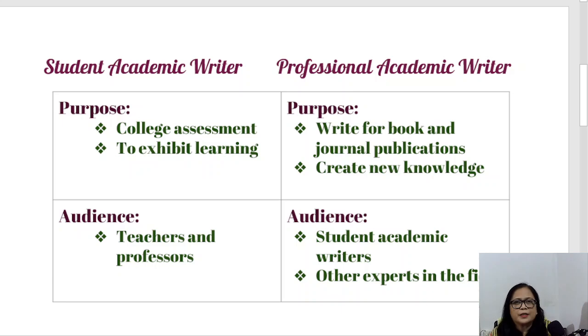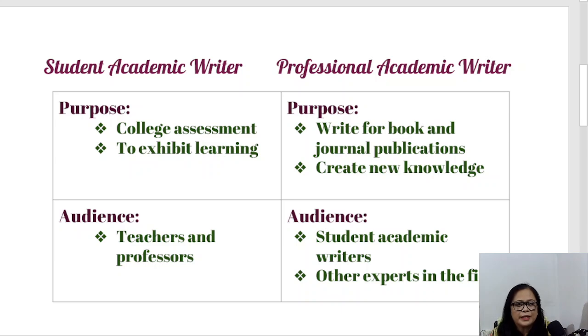So for a student academic writer, the core purpose of writing is to pass the college assessment. Normally, of course, they have enrolled in college or university. They want to earn that diploma for a future profession.